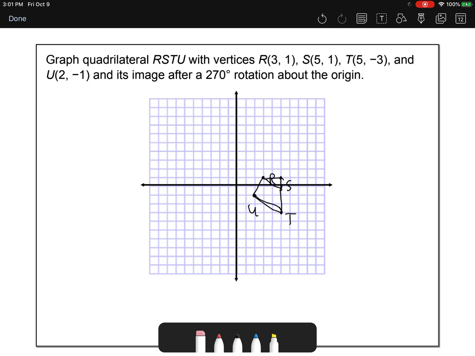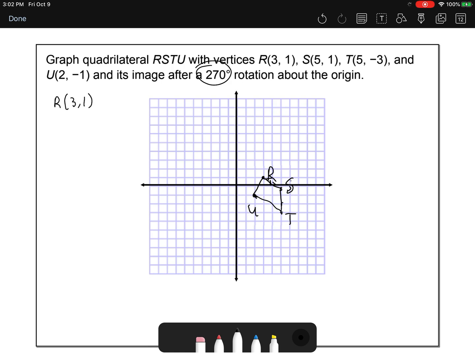Now, I'm just here to tell you that you would not want to do this by hand. You would not want to do this by graphing. It's just not very nice, okay? But we can do it using the points. 270, we're going to do it 3 times, right?